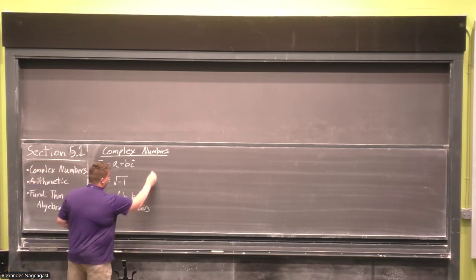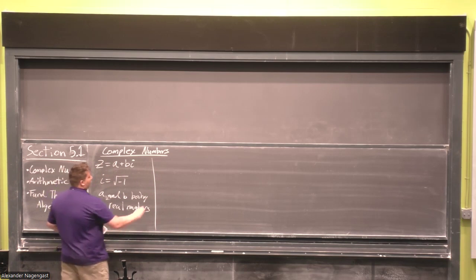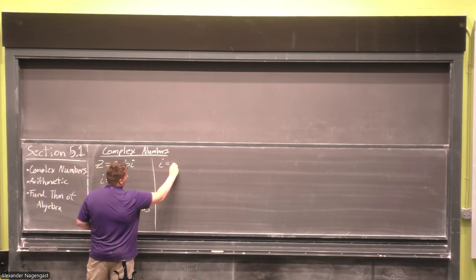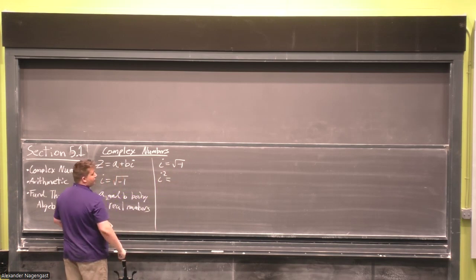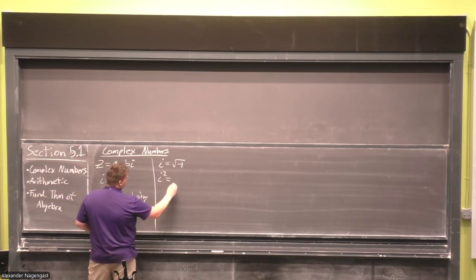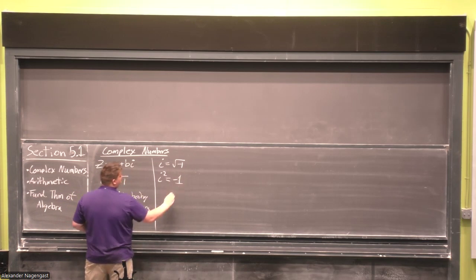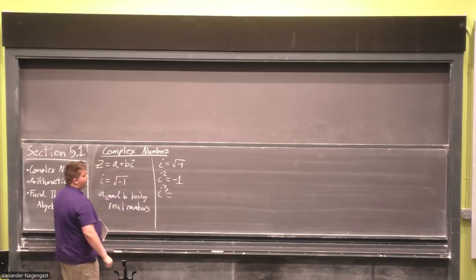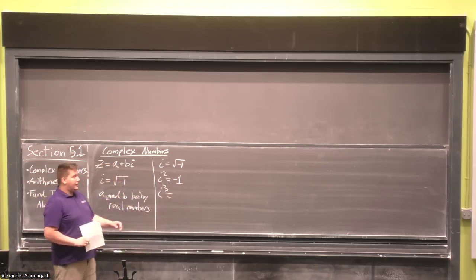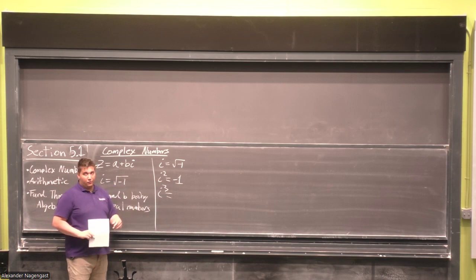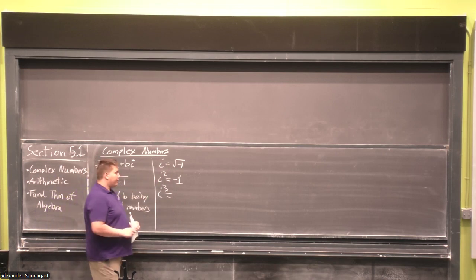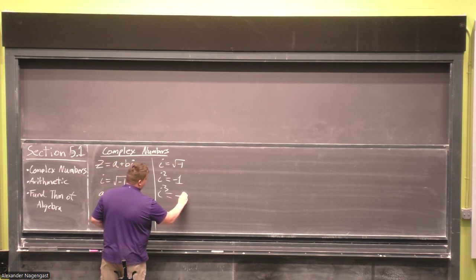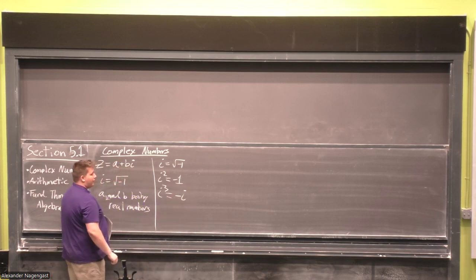For one thing, if we take a look at i equaling the square root of -1, we have i squared being the square root of -1 squared, which is -1. If we have i cubed, then we can think of this as the square root of -1 cubed, or we can think of this as i squared times i. In either case, we can simplify it to -i.